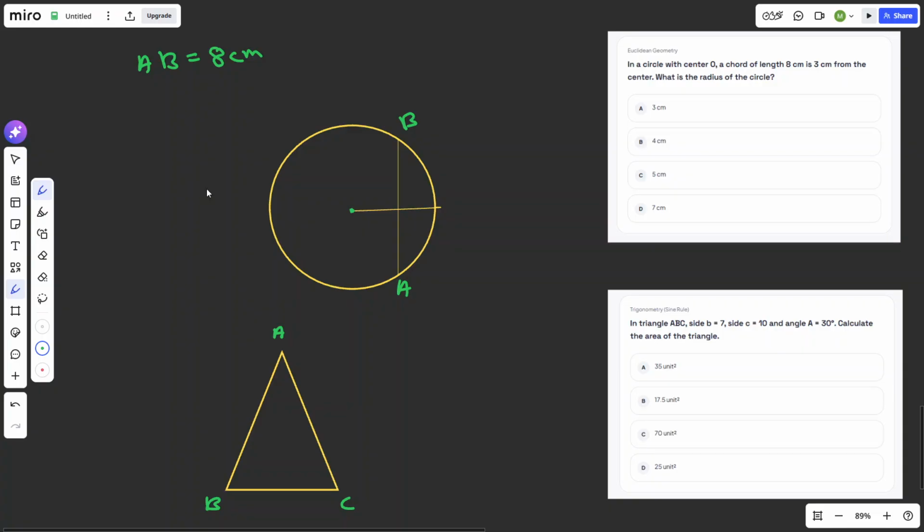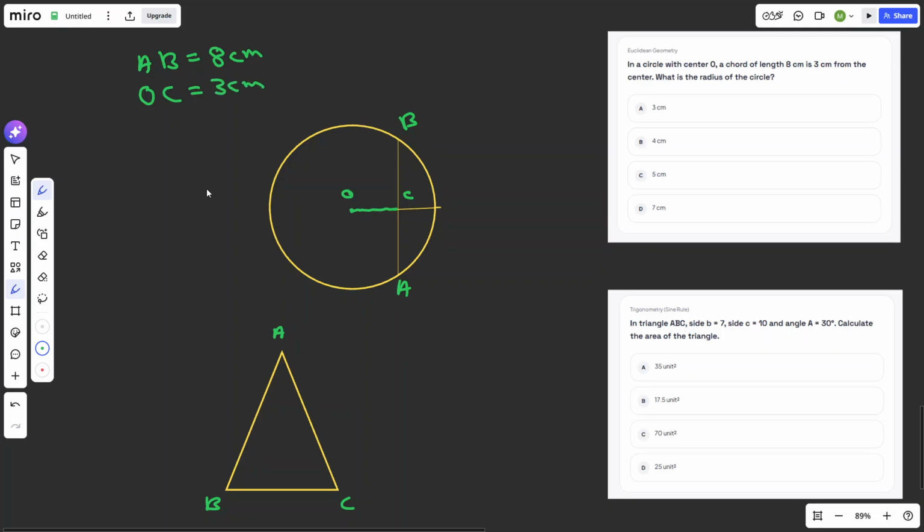Since I've already drawn it, you can clearly see that this chord is a particular distance away from the center, which we can call O. And this point here, where the radius and the chord intersect, let's call it C. So now OC is equal to 3 centimeters.